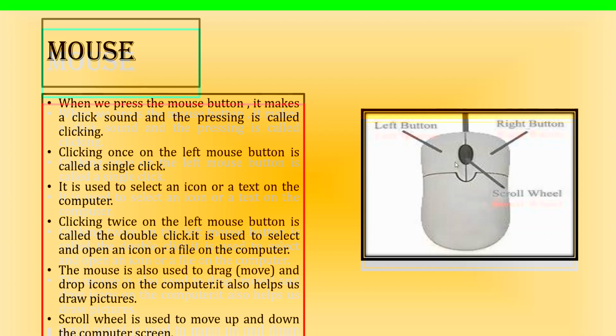And in the center of the mouse, this black wheel is known as the scroll wheel. When we press the mouse button, it makes a click sound.